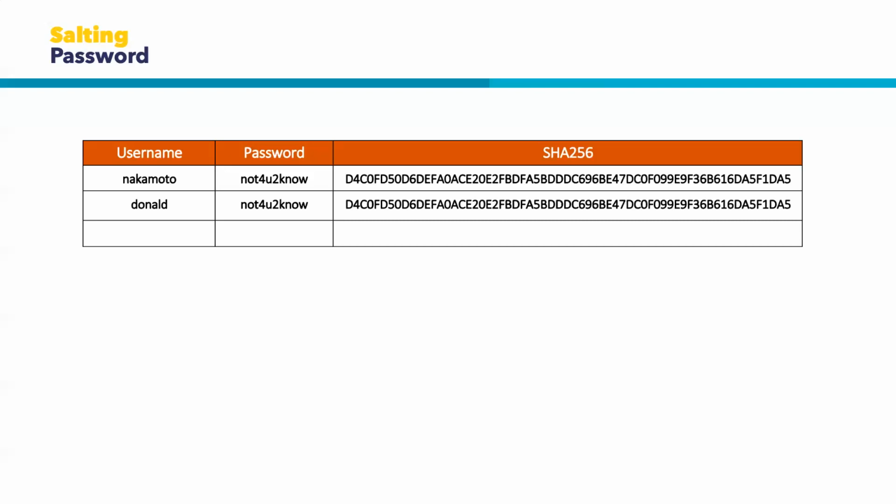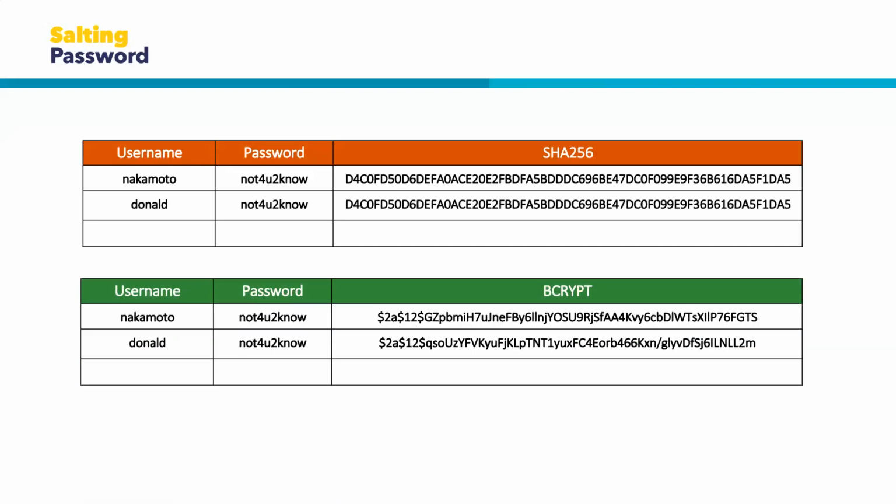But if in our implementation we use bcrypt with a salted hash, something like this, if you look at it, they have the same password, but the hashed password is different.